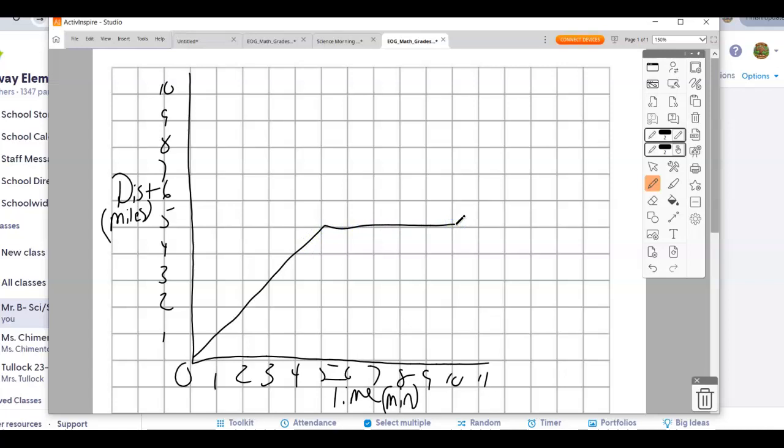How many miles did this object go before it stopped? I see that it went 5 miles, and then it just stays at 5 miles for the next, what is that, 6 minutes, 5 minutes.